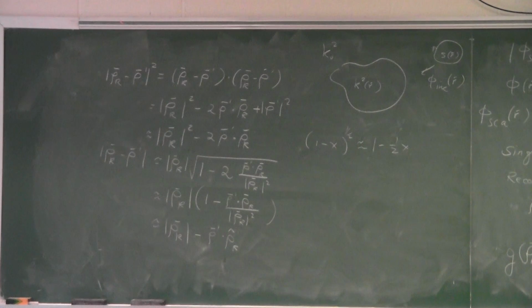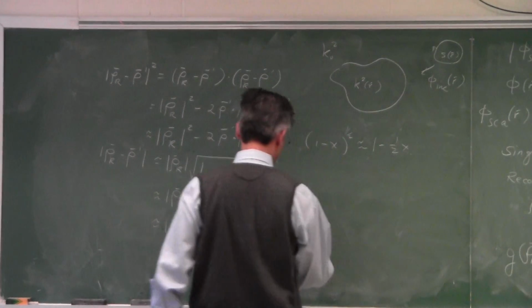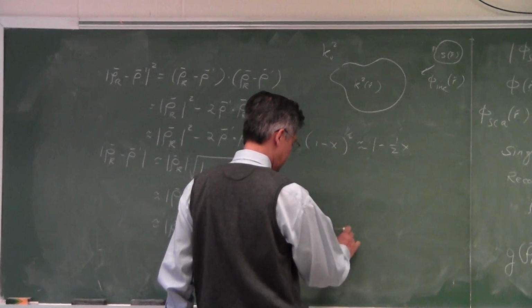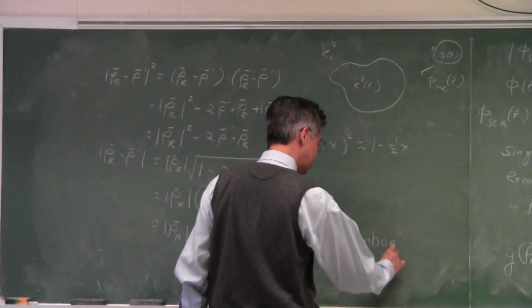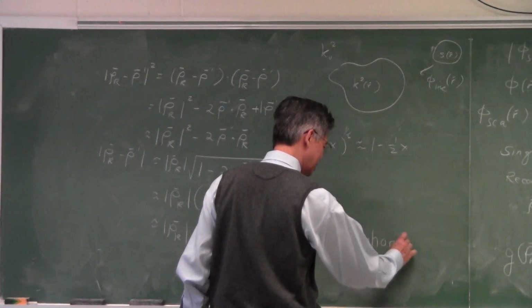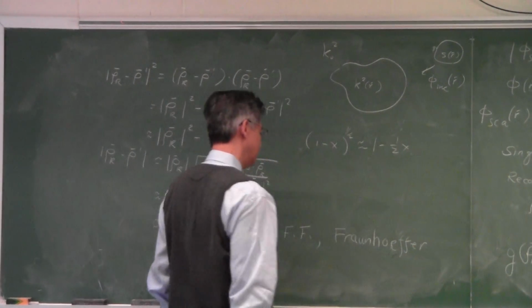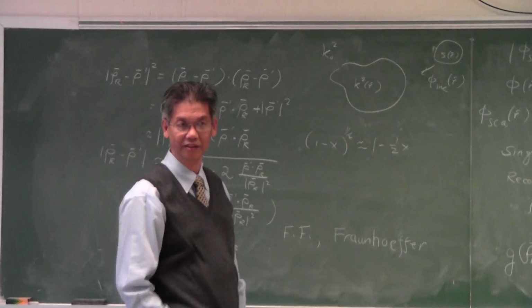Okay. And this is called the far-field approximation in electrical engineering. In optics, they call this the Fraunhofer approximation. So this is far-field. And then I think you spell it like this, Fraunhofer. Depending on who you talk to, I think this is spelled differently.